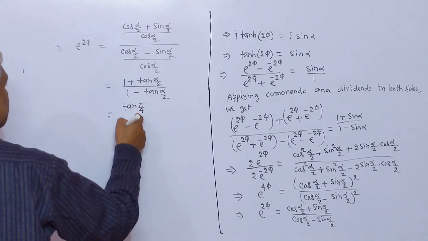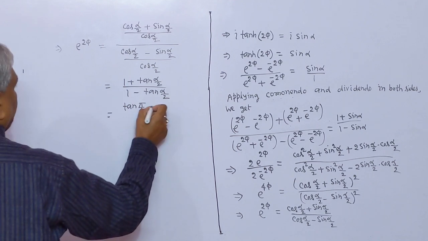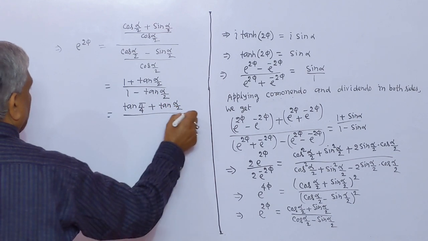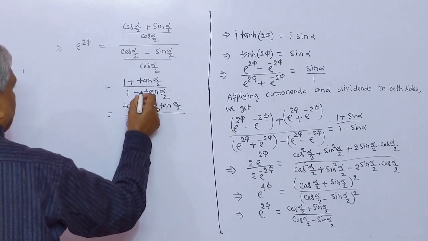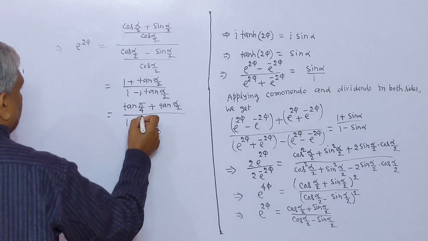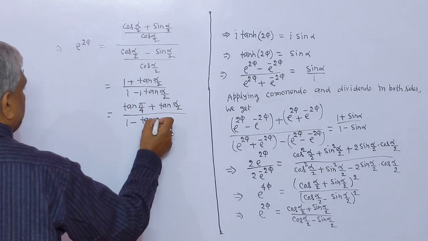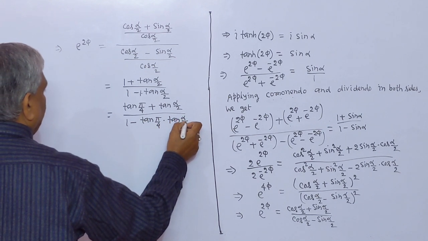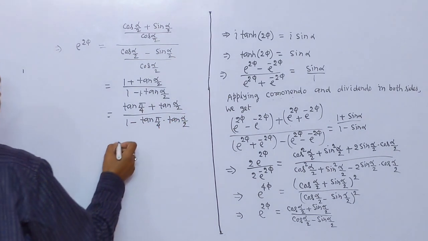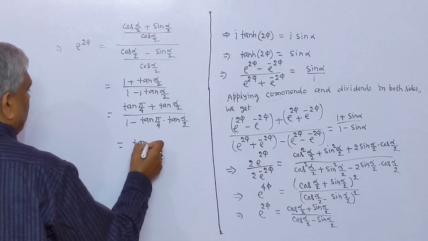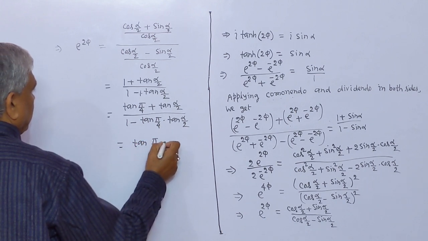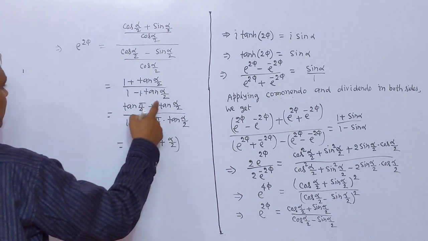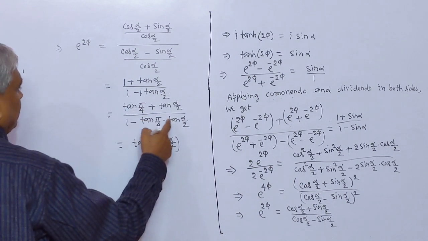tan pi by 4 means 1. Plus tan alpha by 2, 1 minus, here we have 1, let 1 means tan pi by 4, multiply tan alpha by 2, and this is equal to tan(pi by 4 plus alpha by 2), using tan(a plus b) equals (tan a plus tan b) by (1 minus tan a into tan b).